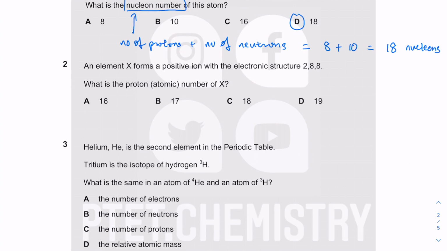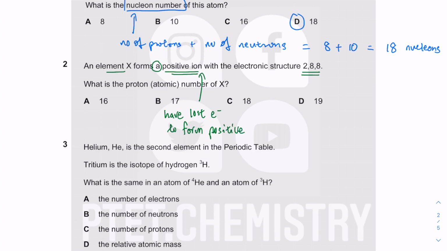Question 2, you have an element X. It forms a positive ion with the electronic structure 2,8,8. So 2 electrons in the first shell, 8 electrons in the second shell, and 8 electrons in the third shell. All right. So first of all, when you form a positive ion, you must have lost electrons.